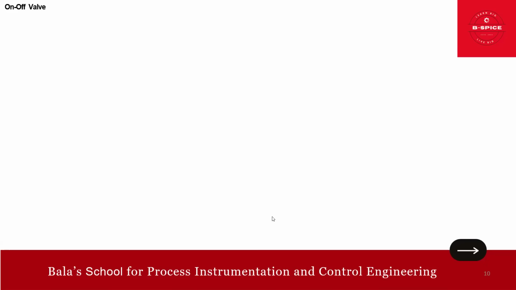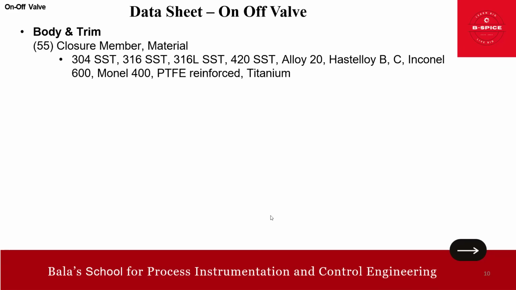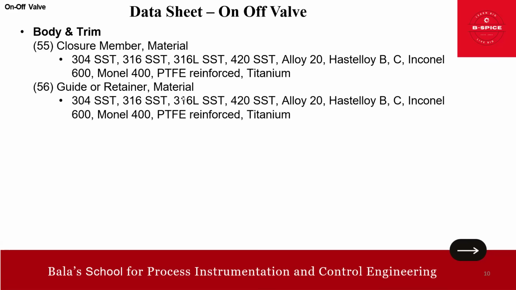Then closure member material, for a normal application, you can go for 316 SST, and if it is corrosive, you can go for Alloy 20, Hastelloy B, Inconel, Monel, PTFE reinforced, or titanium. Then guide or retainer material is also the same as the closure member material.